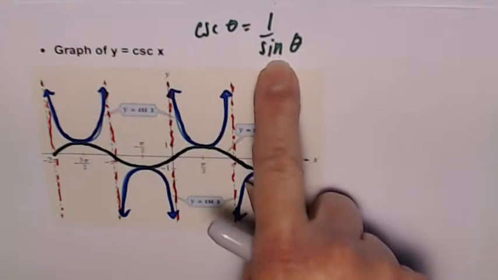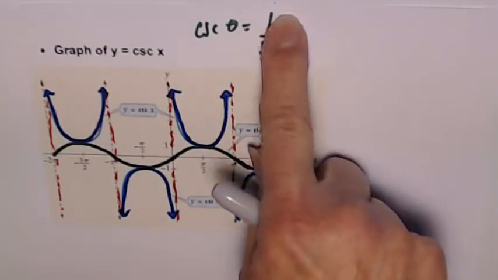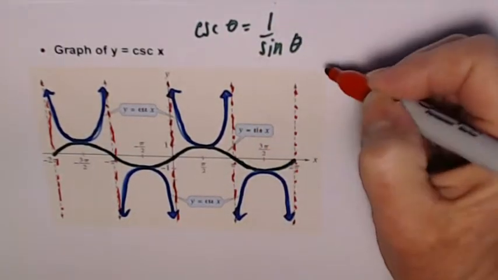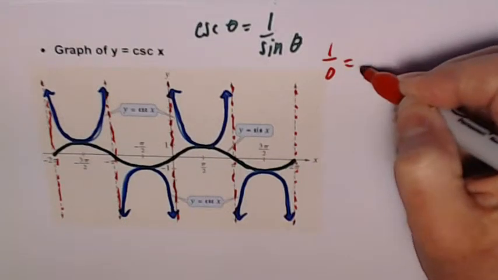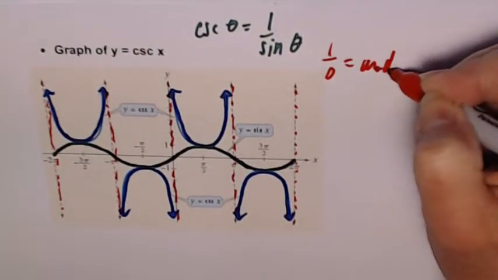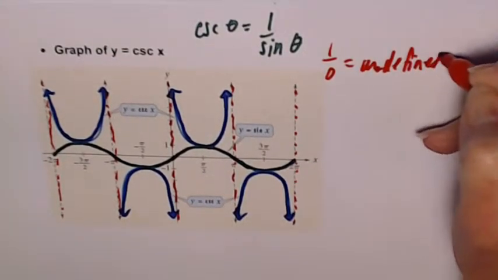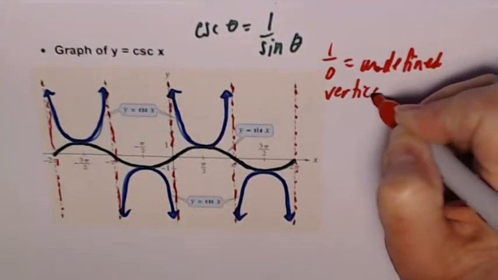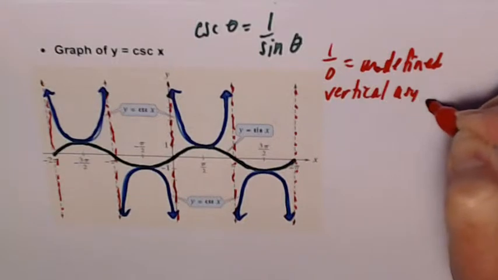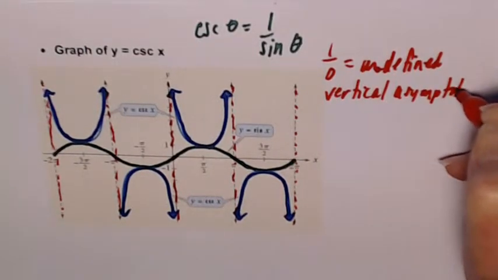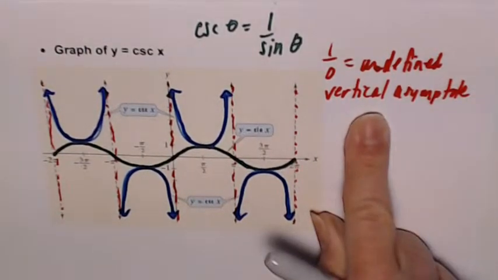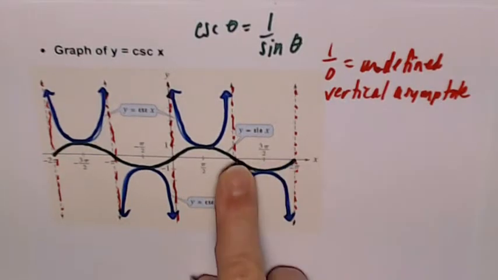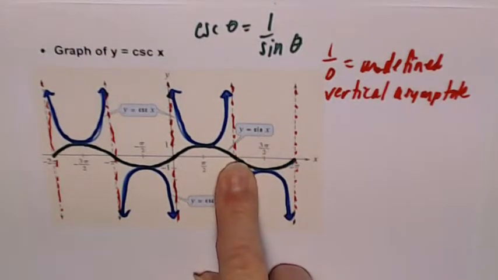So when our sine is 0, we have 1 over 0, and 1 over 0 is undefined, and that is going to be our vertical asymptote.